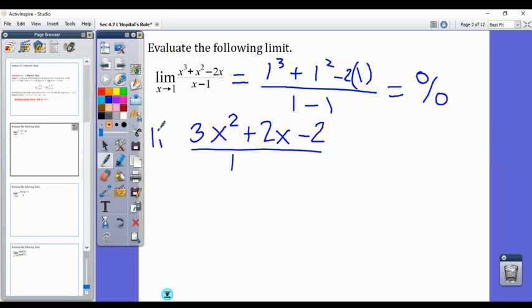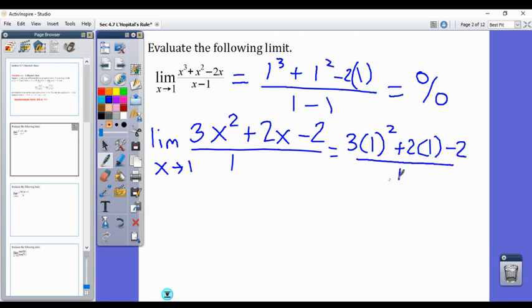And now what I can do is I can directly substitute in my 1 to evaluate this limit. All right, so if I do that, I am going to end up with 3 over 1, which can just reduce down to 3. Bada bing, bada boom. Wasn't that fun?